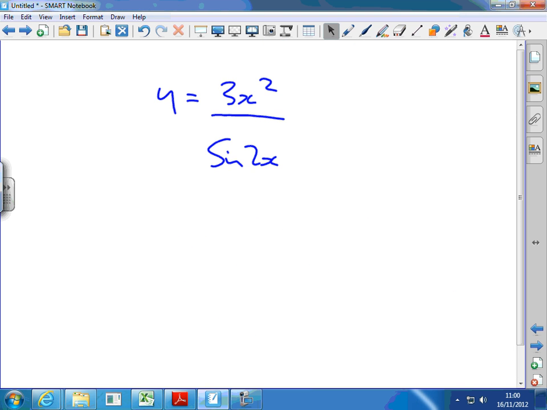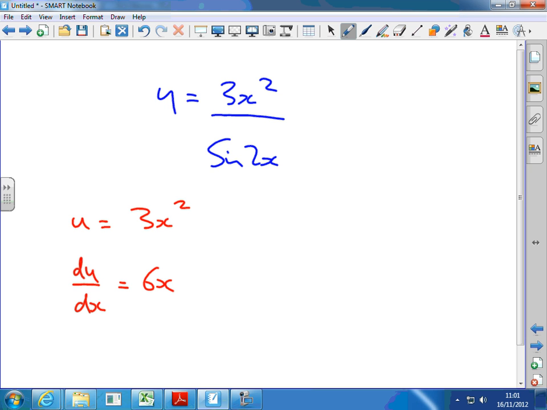Now, as it's a bit of an awkward function to use, this quotient rule, I would recommend that you do it step by step. It leads to fewer errors. So in other words, you're going to write down what u is, as you do for the product rule, 3x squared, and differentiate it. Differential of 3x squared is 6x.